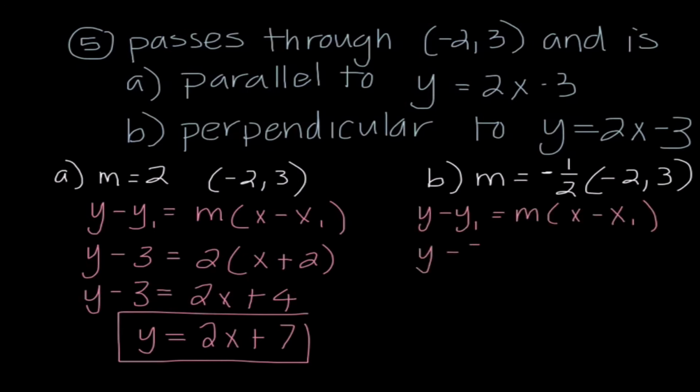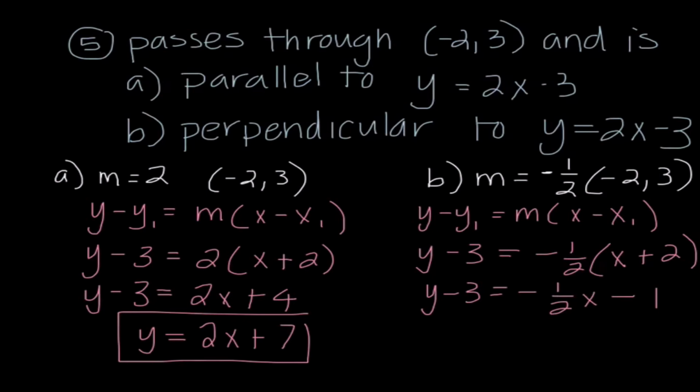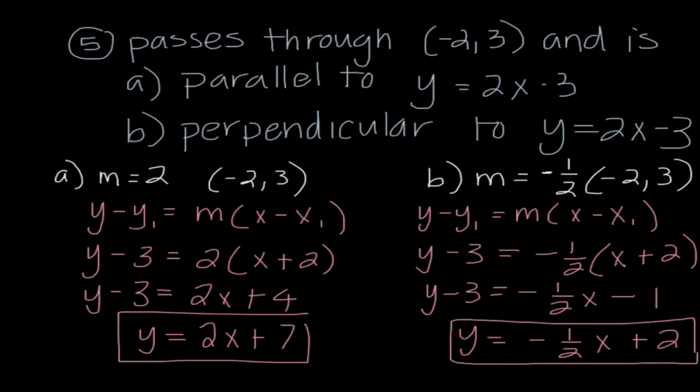So I'm going to do y minus 3 equals negative 1/2 times x plus 2. So I have y minus 3 equals negative 1/2 x minus 1. This time, when I add 3 to both sides, I get y equals negative 1/2 x plus 2. And this would be our new equation.